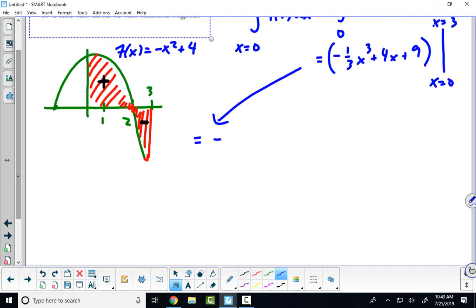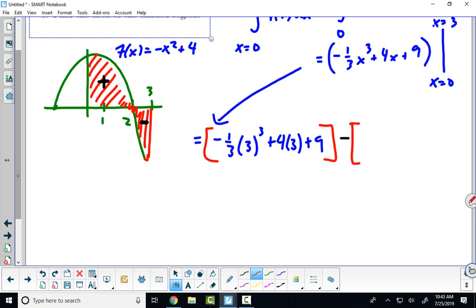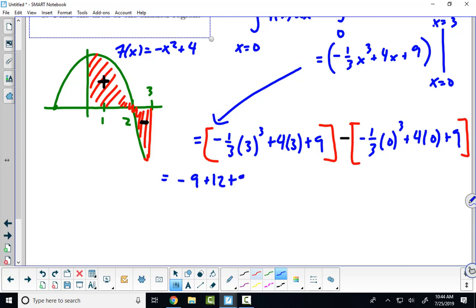So this gives us minus 1/3 times 3 cubed plus 4 times 3 plus 9, minus 1/3 times 0 cubed plus 4 times 0 plus 9, which cleans up to minus 9 plus 12 plus 9, I think.